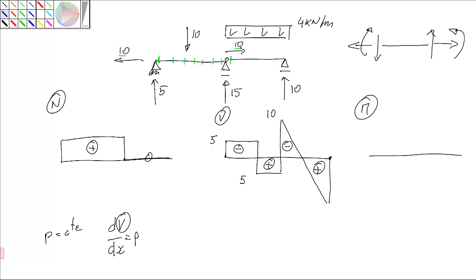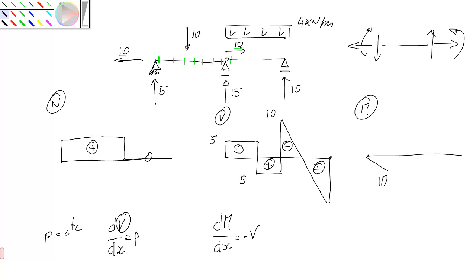Now, if you look at the bending moment, we have 4 regions. At this part, and remembering the equation, V is constant, meaning M is linear. V is positive, meaning M increases. So M is linear and increases. The area of this diagram, 5 times 2, 10.